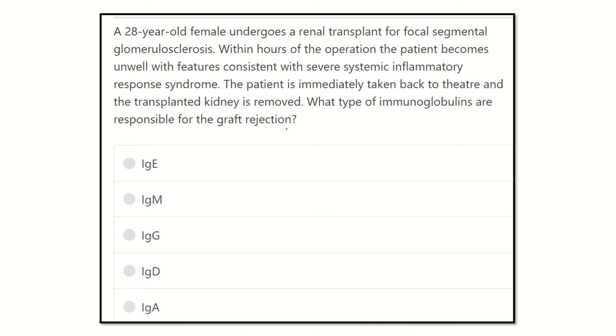Here we can see a 28 years old female undergoing renal transplant for focal segmental glomerulosclerosis. Within hours of the operation, this time is very important, the patient becomes unwell with features consistent with severe systemic inflammatory response syndrome.